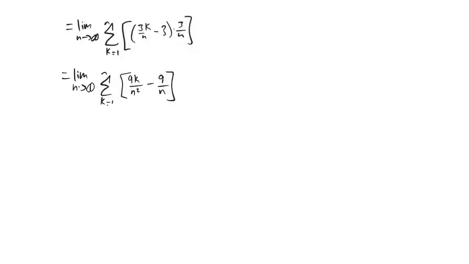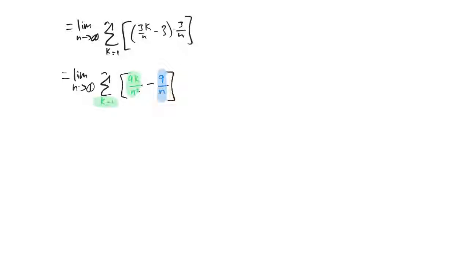Okay. Now one thing to note here is the summation is in terms of k. The only term that is in terms of k is that first term. This term right here is actually treated like a constant.